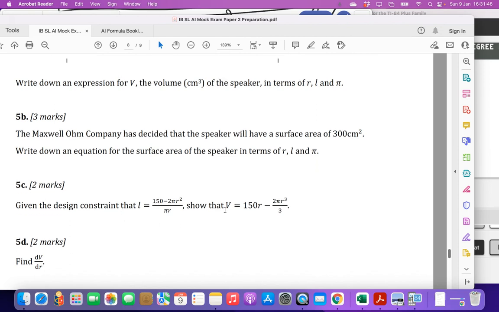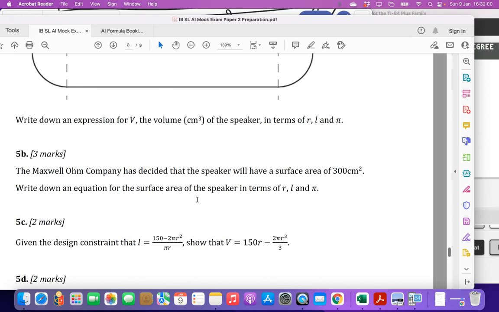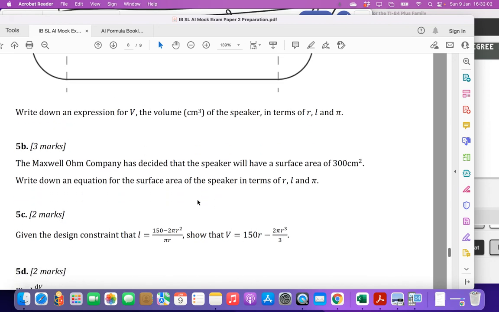Okay, so now I'm going to take that L and put it into the volume formula that I had up above, which is gone now. Okay, so again, the volume formula was the sphere plus the cylinder.